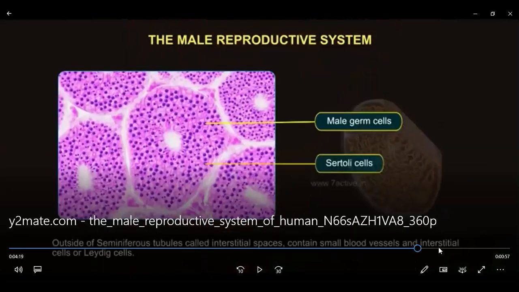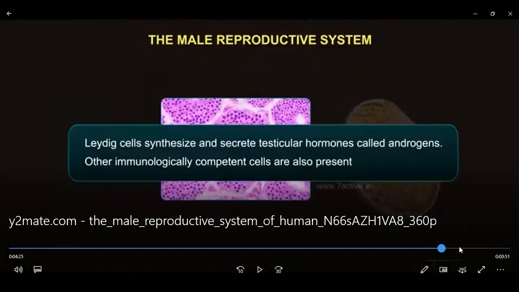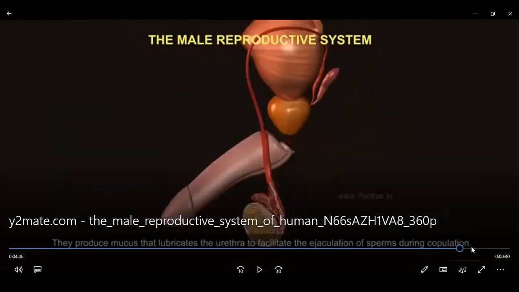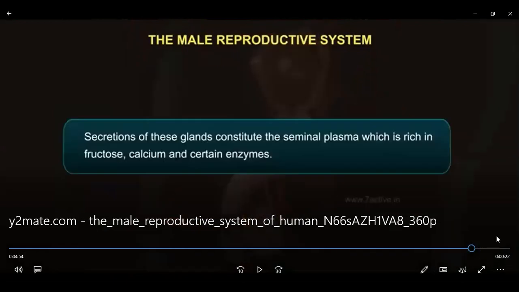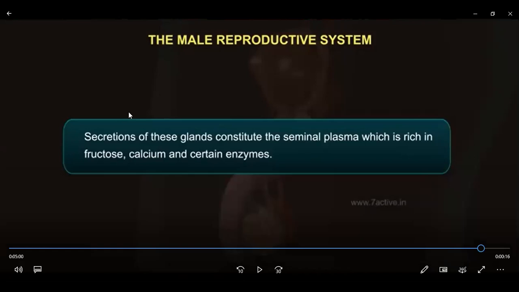The fluid that the sperm mixes with contains nutrients to nourish the sperm as it has to swim. So it contains a lot of fructose, calcium, and certain enzymes. The fructose is to give the sperm energy as they have to swim quite a long distance in order to get to the female gamete.